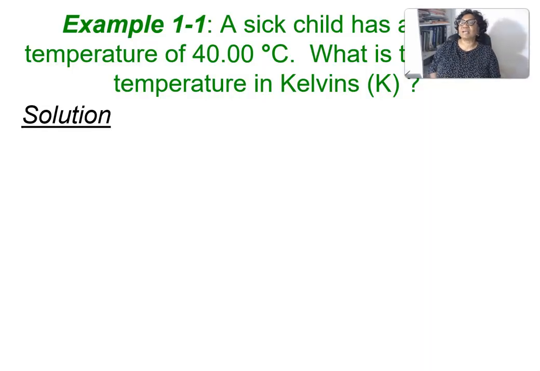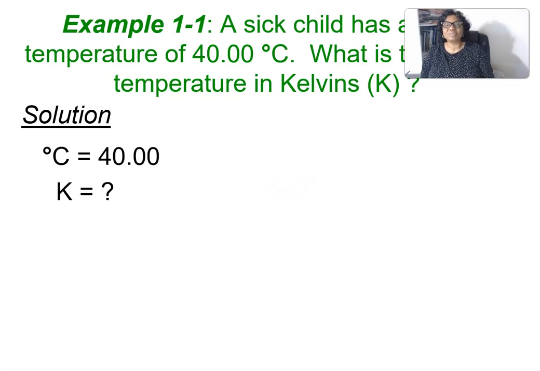So let's take an example. A sick child has a body temperature of 40 degrees Celsius. What is the child's temperature in Kelvin? So how do we solve it? This is 40 degrees Celsius, but we want it in Kelvin.